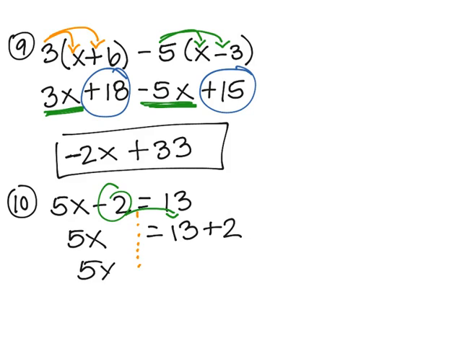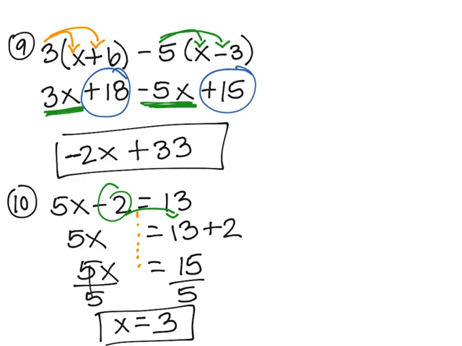So we have 5x equals 13 plus 2 is 15. And then what do we do? Divide by 5. Good. And so x equals 3. Very good. X equals 3. Questions? Still okay? Okay.